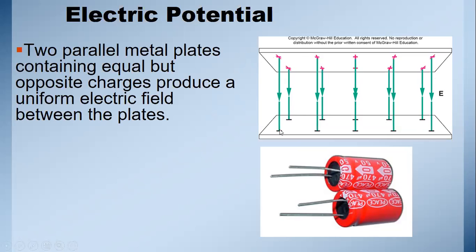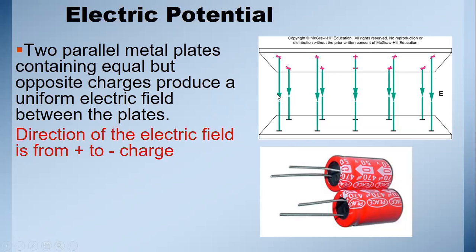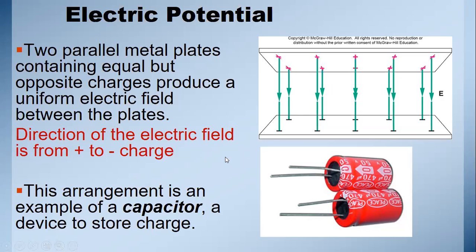One plate is positively charged and the other is negatively charged. Inside there's a uniform electric field, not varying. It starts from here and travels toward there. If we keep a charged particle here, it should travel in the direction of the electric field, from positive to negative.